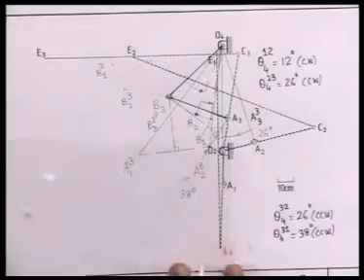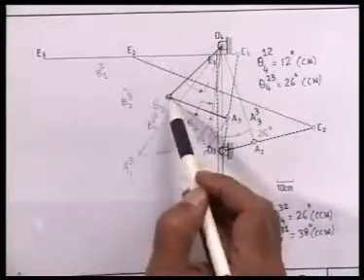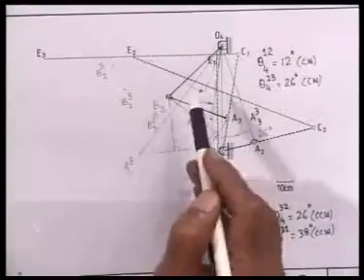Now the center of the circle passing through these 3 points, B13, B23 and B33, we determine in the usual manner.